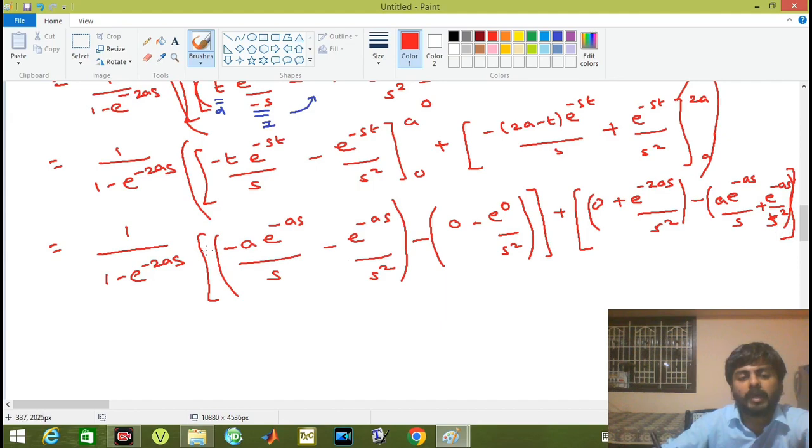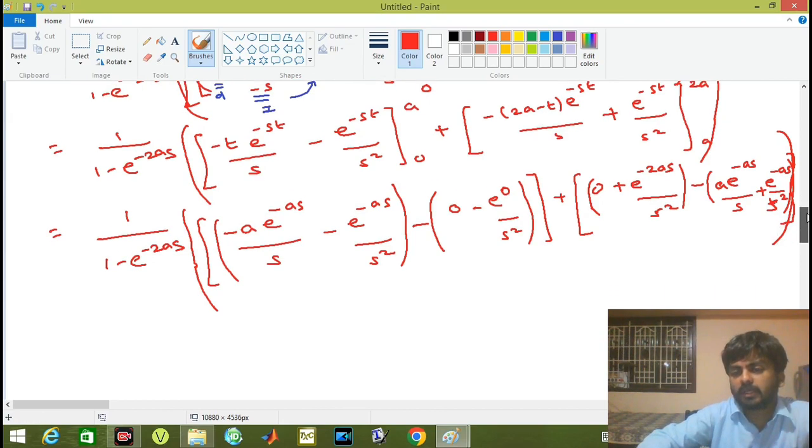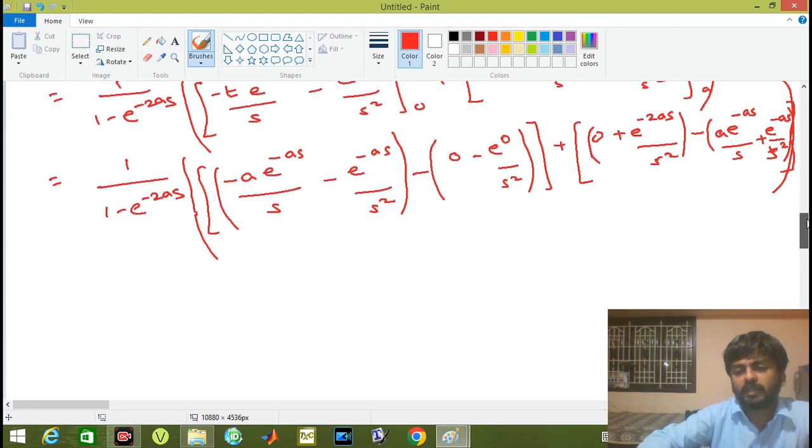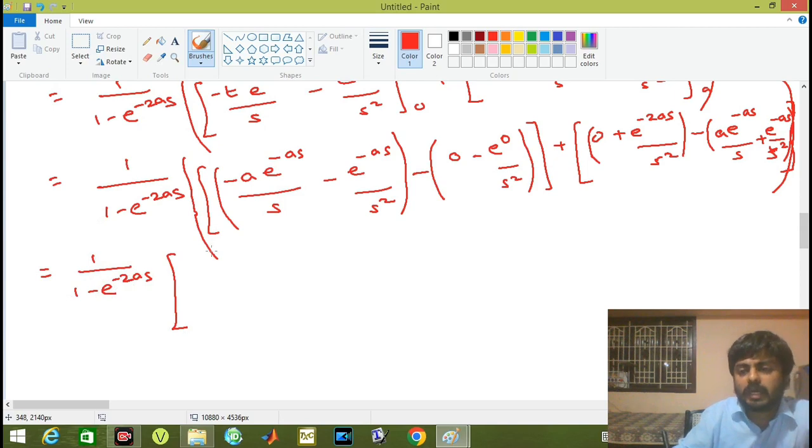And this 1 by 1 minus e power minus 2as is common. Okay, I am having a lack of space here, so I think the letters are getting overwritten. So you have to watch clearly and carefully. You will have 1 by 1 minus e power of minus 2as into, is there any term likely to get cancelled?